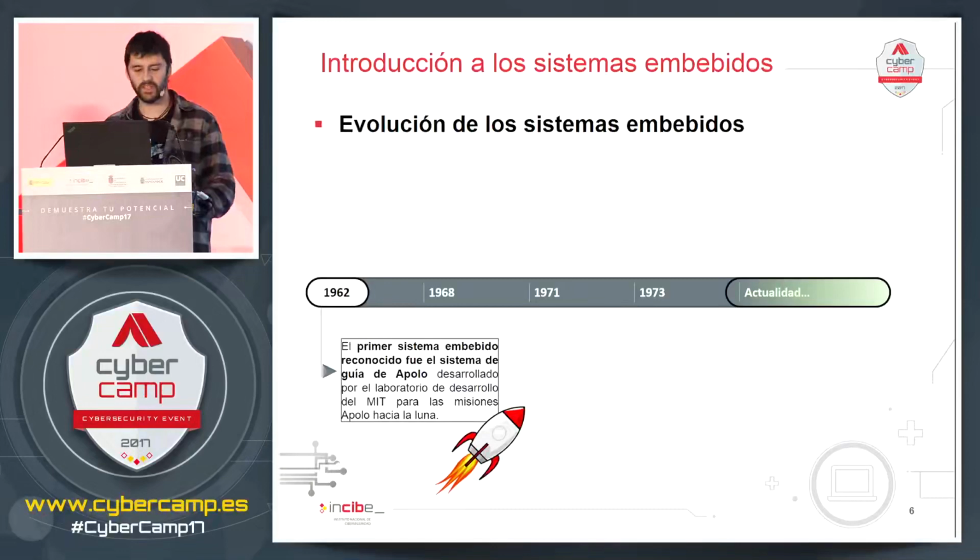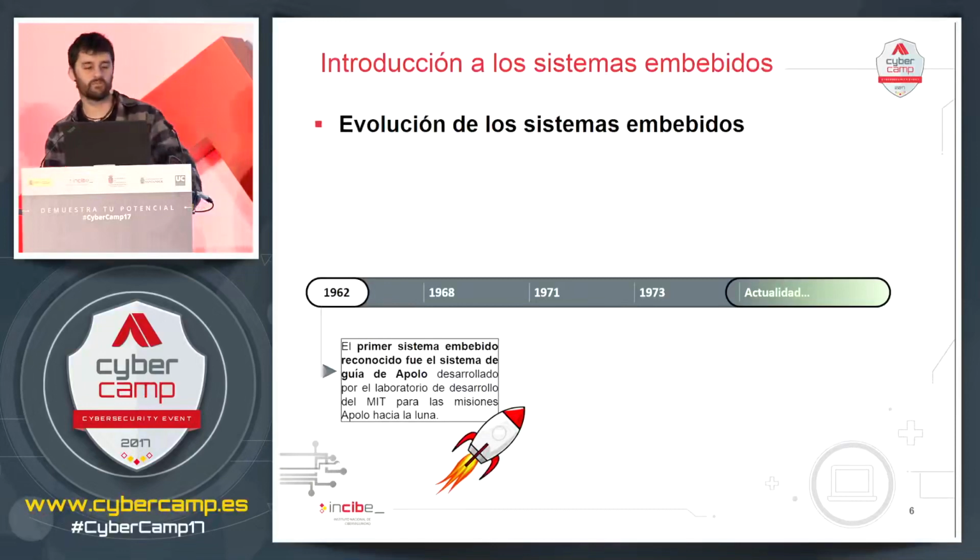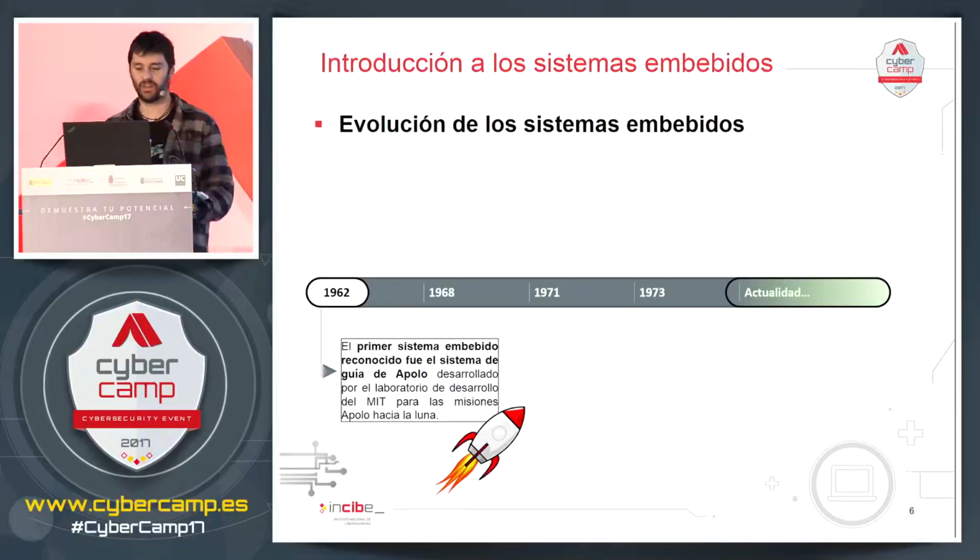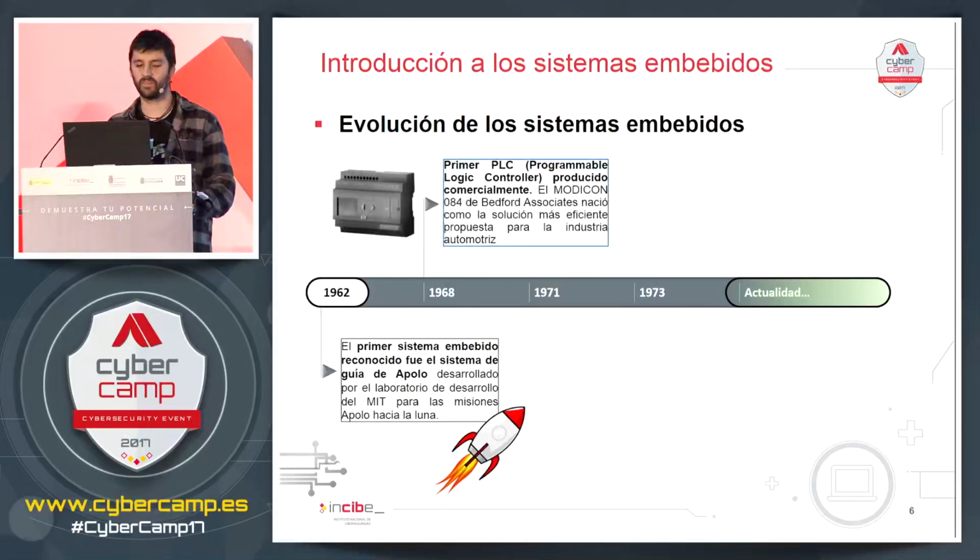And what about the evolution of these systems? The first embedded system was present in the Apollo spaceship. And industrially, how did this start to evolve? Somebody in the production chain said, listen, every time a new device comes, we need to take it to assembly.